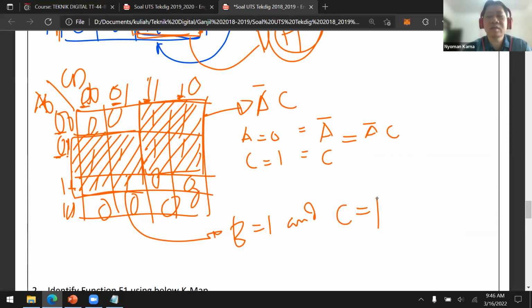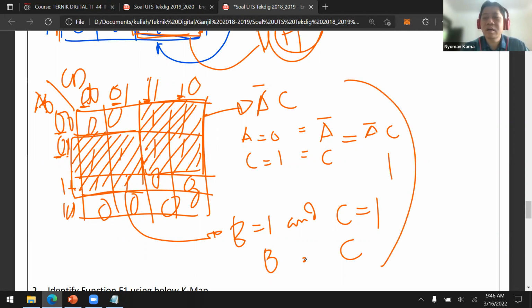So it becomes B, C, because AND is multiplication. And then, because this one is SOP, the simplest function is A naught C plus BC. Okay, this is for example.